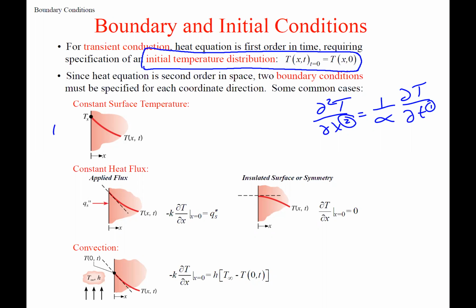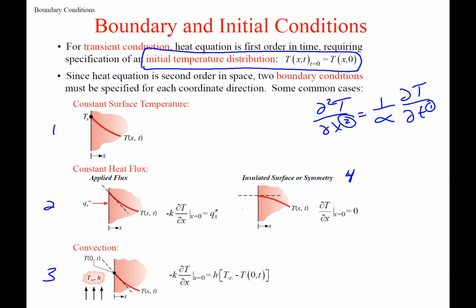Here are four choices we have for boundary conditions: 1, 2, 3, and 4. All right, I'll put this one over here. So let's go through the constant surface temperature one.